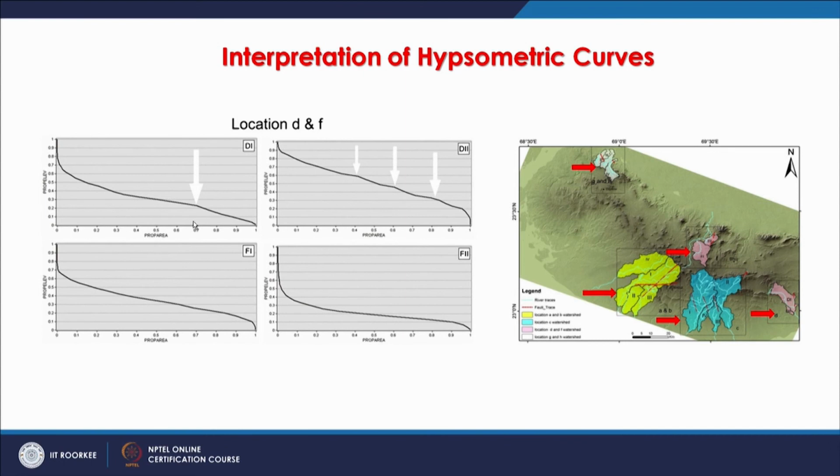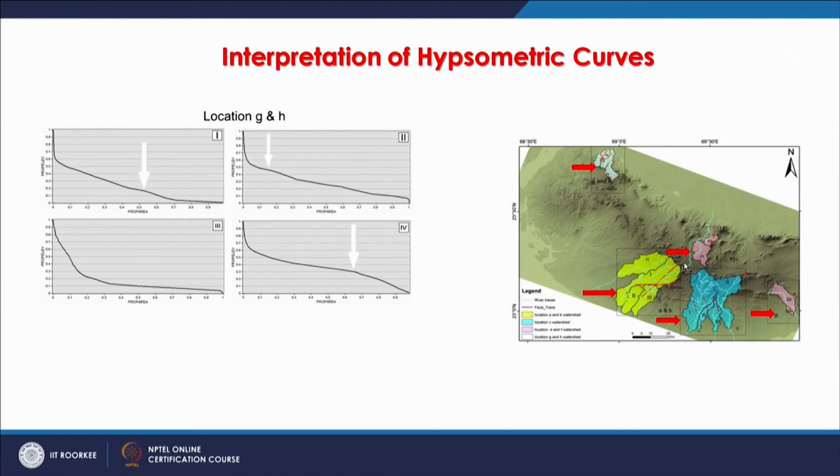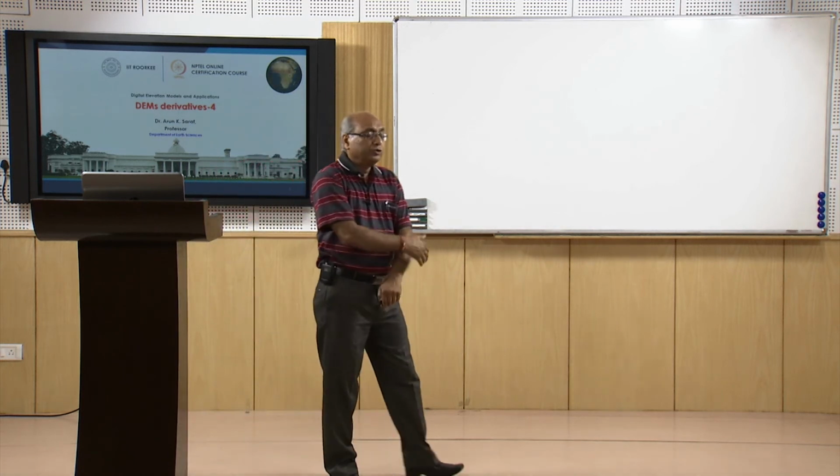Likewise for the basins we are seeing here, for location C, location D and F, and location G and H. In this way we can assess how old or how young a terrain is.